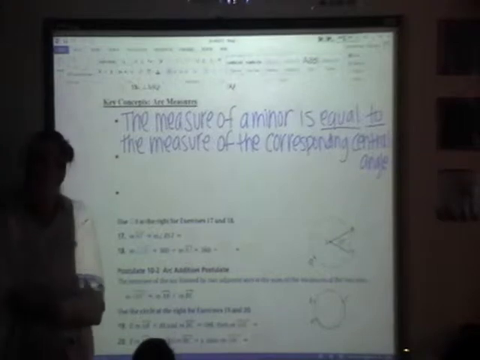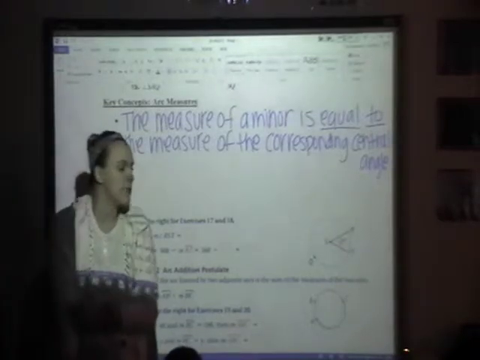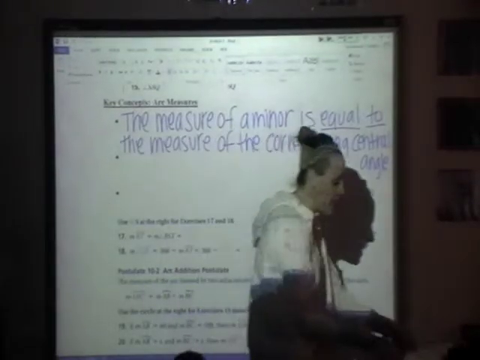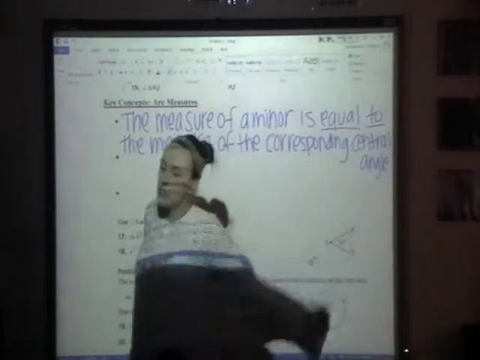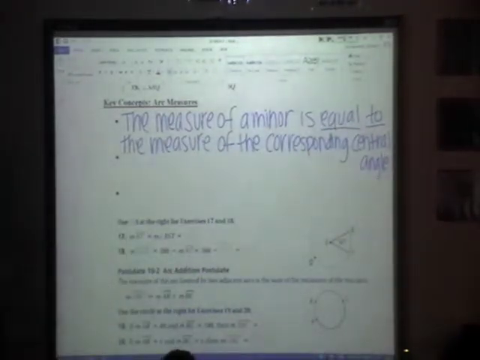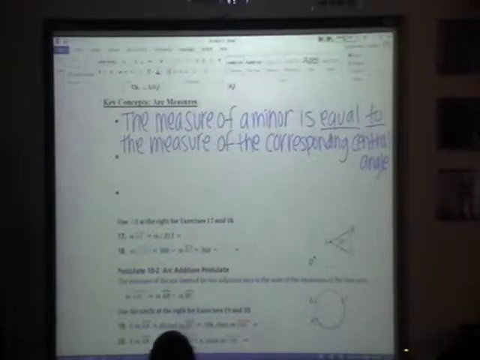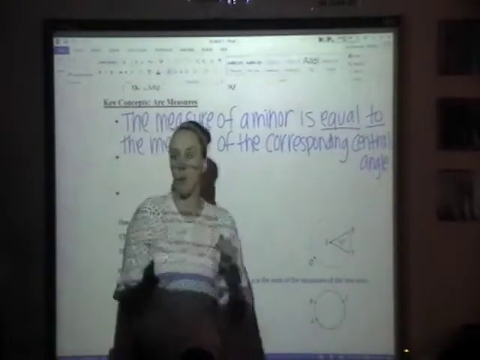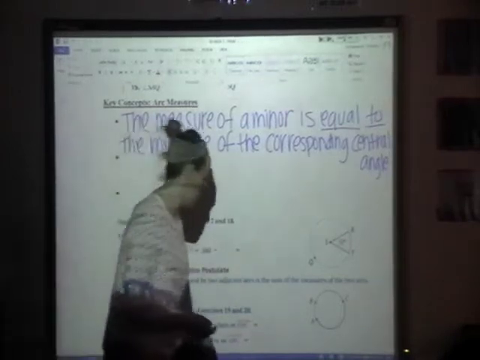The measure of a major arc. So I told you guys this back in the definition. How can we find a major arc? What would you have to do to find a major arc? I give you a minor arc. A minor arc is equal to its corresponding angle. Perfect.